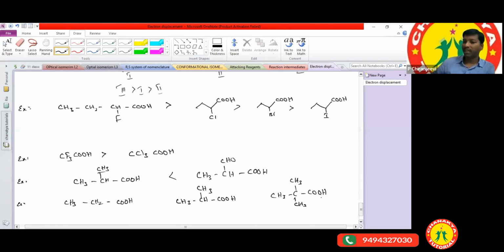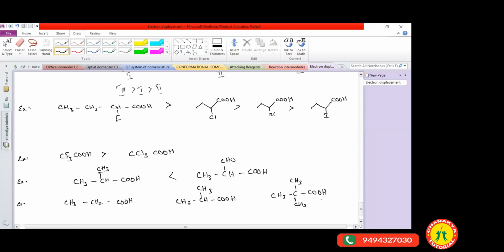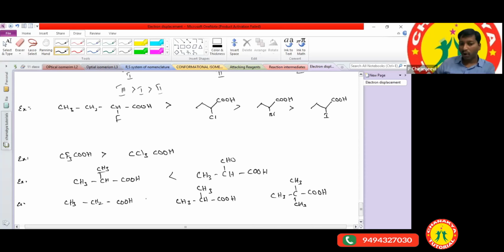Which one is more acidic? The first one, because it has the least number of alkyl groups. Very good. As the number of electron donating groups decreases, the acidic strength increases, exactly inversely proportional.